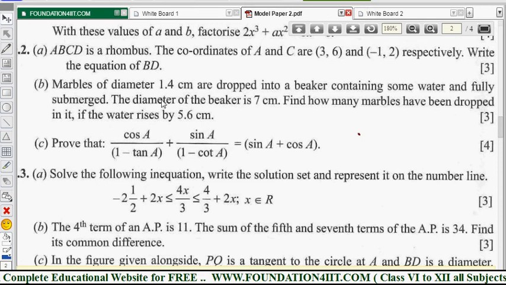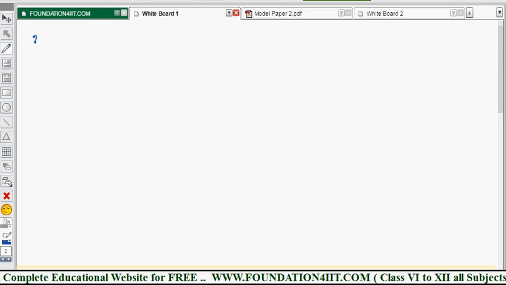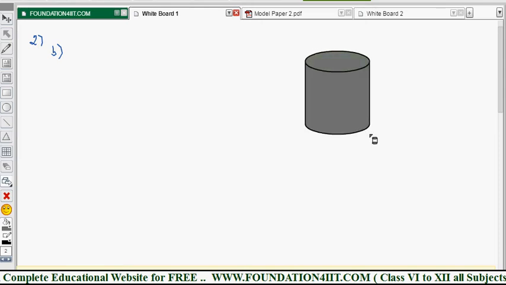Okay, so the diameter is given. Marbles of diameter 1.4 centimeters are dropped into a beaker containing some water, so cylindrical shape is everything. Then let's take the diagram and show. Let's take the cylindrical shape and some rise.